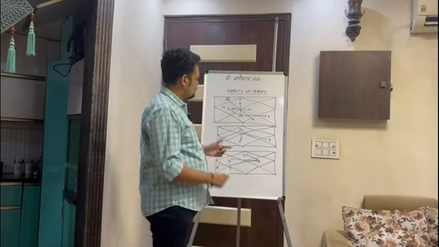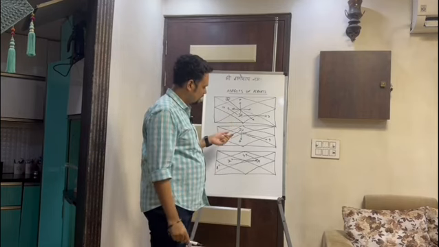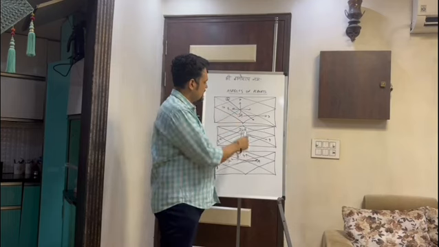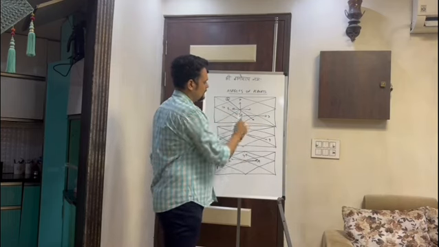Now let's talk about Saturn, Jupiter and Mars. Saturn has the 3rd aspect from here.